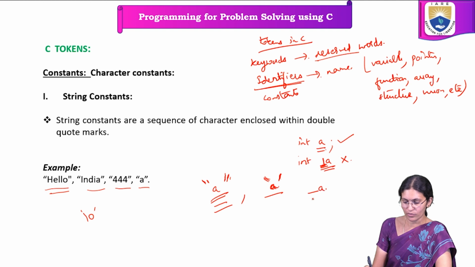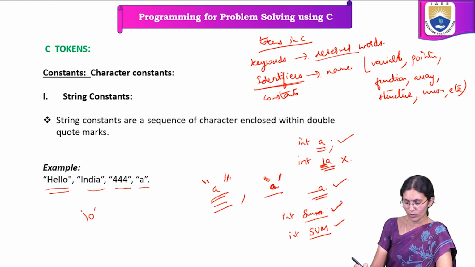Then we can use an underscore, so that is a valid identifier name. Then int sum and int Sum are also different. These are valid identifiers, but here we have used small case letters, whereas here we have used capital letters.